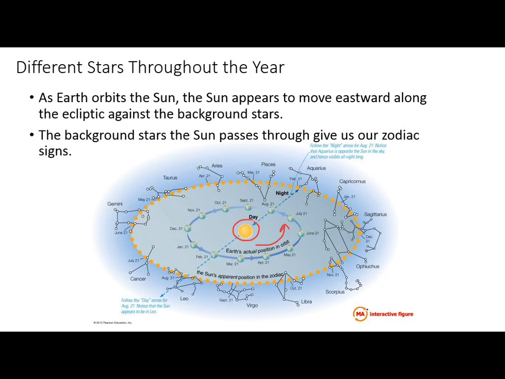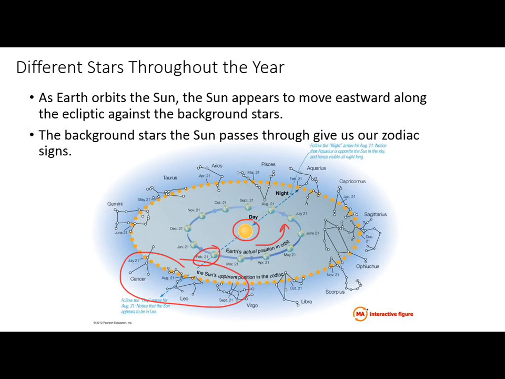But that actually kind of leads to this figure. All it's saying is, for instance, I think the example they picked was February. If you're here in February, the stars that you're going to see are Leo, Cancer, Virgo.